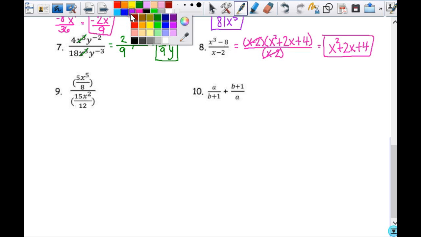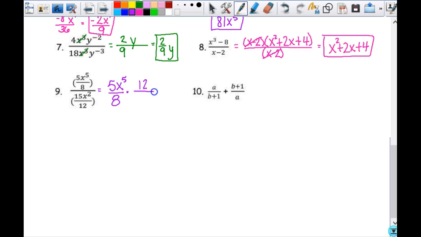All right. So here I'm going to change this to multiplication. So this is going to become 5x to the 5th over 8 times 12 over 15x squared. So then when I go to cancel things out, this is going to give me the x to the 5th over x squared.